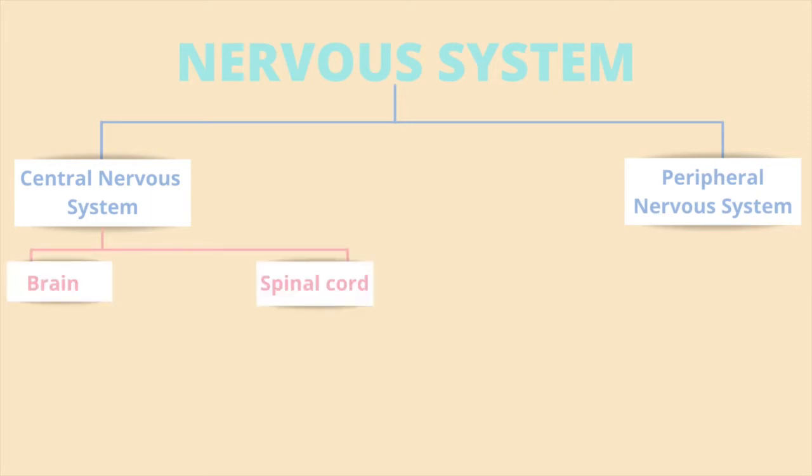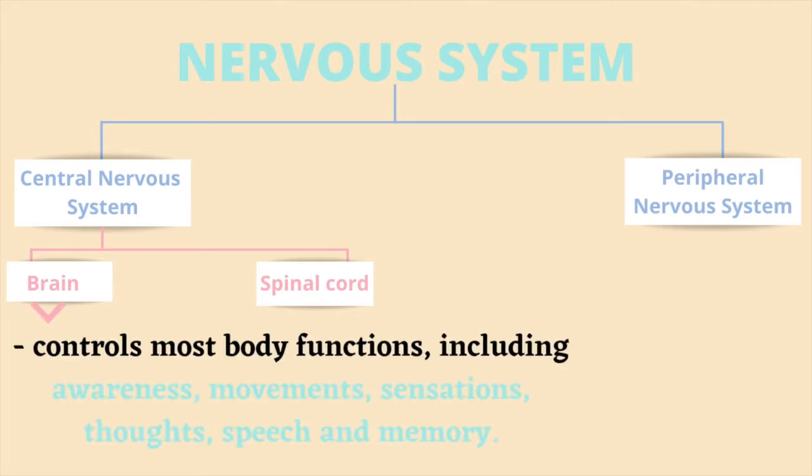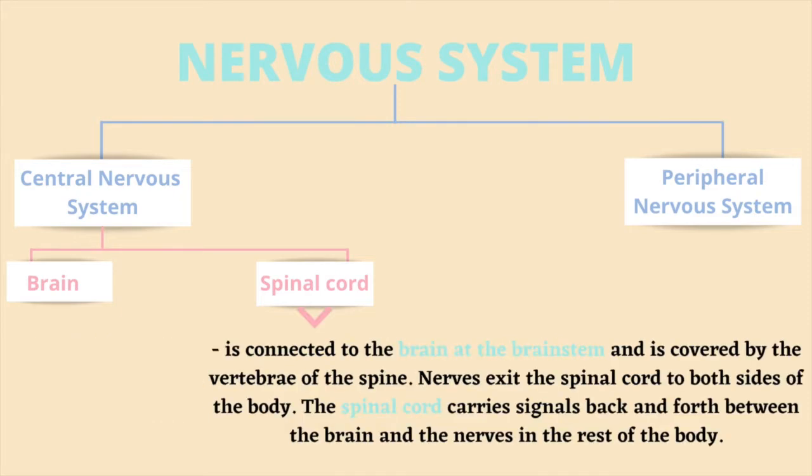Of course, the brain controls most body functions, including awareness, movement, sensations, thoughts, speech, and memory. While the spinal cord is connected to the brain at the brainstem and is covered by the vertebra of the spine. Nerves exit the spinal cord to both sides of the body.